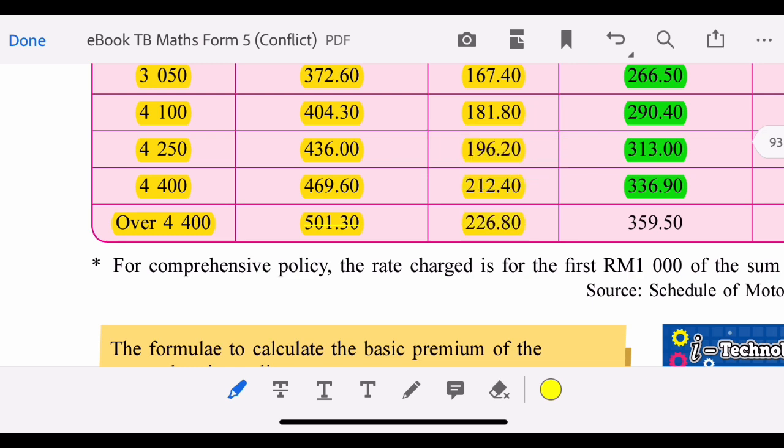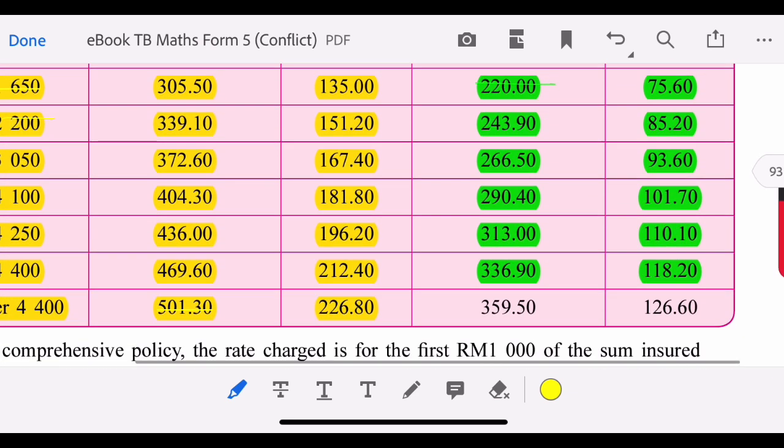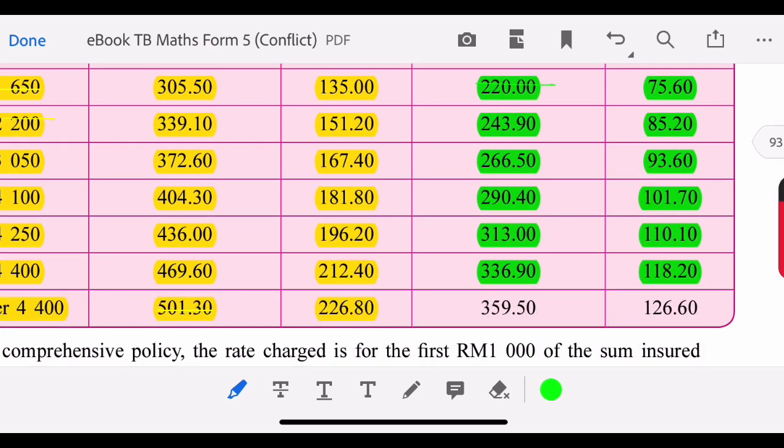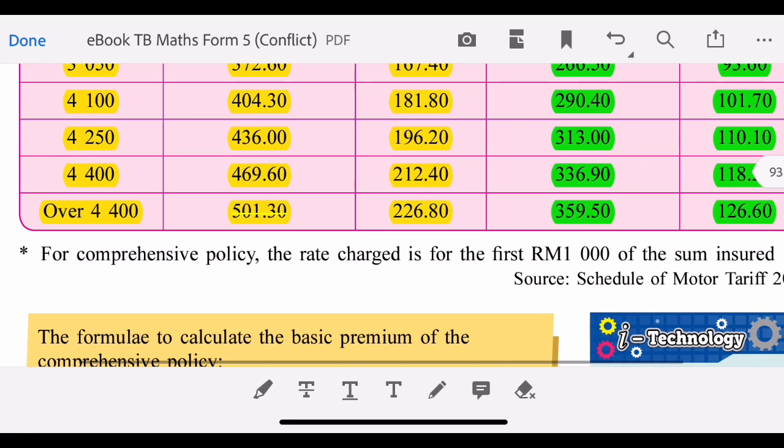And then for third party, it will be 226.80 for Peninsular Malaysia, and for Sabah and Sarawak it will be 359.5 and 126.60.